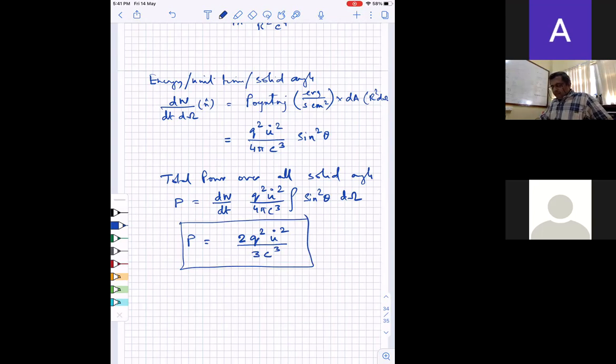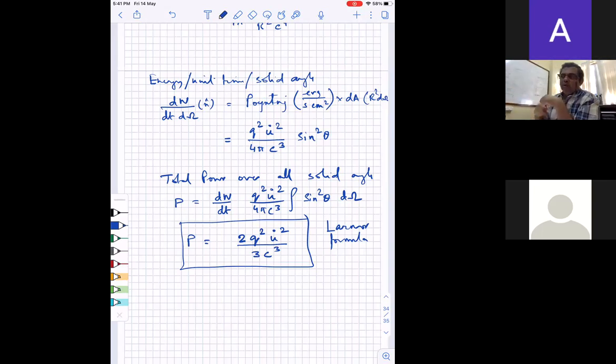Okay, so this is a very important formula. This is known as the Larmor formula. It tells you how much energy a non-relativistic charged particle radiates per unit time.